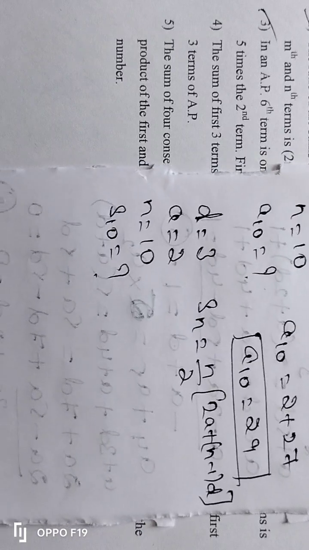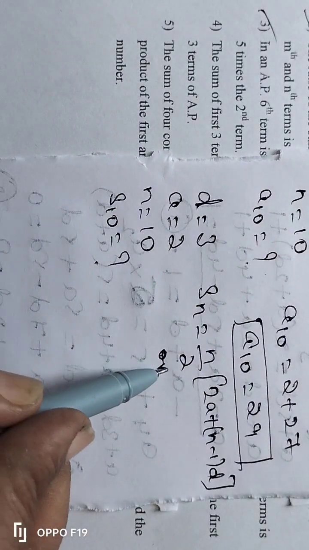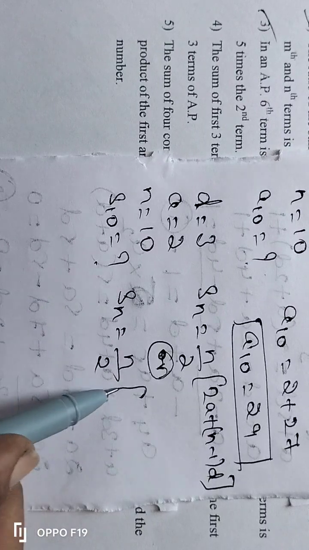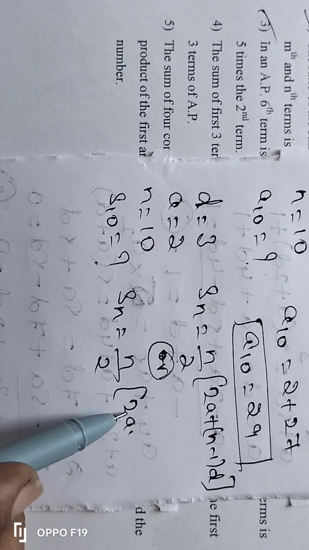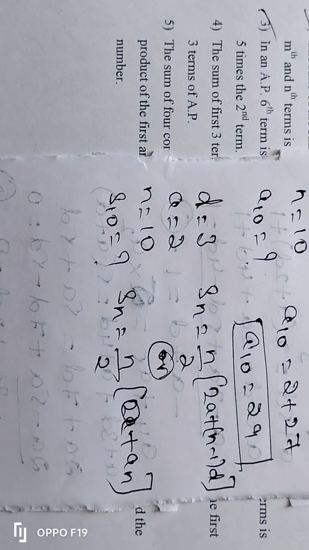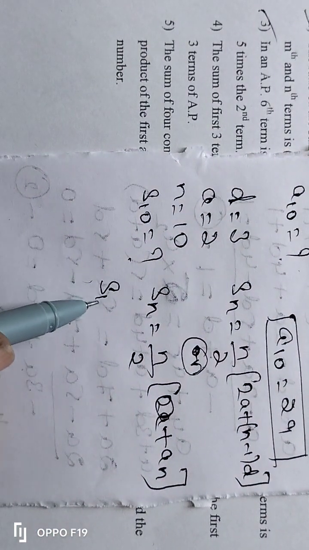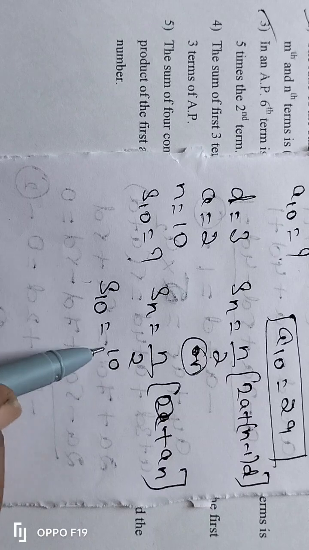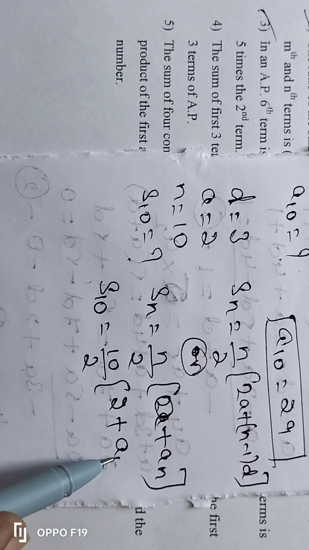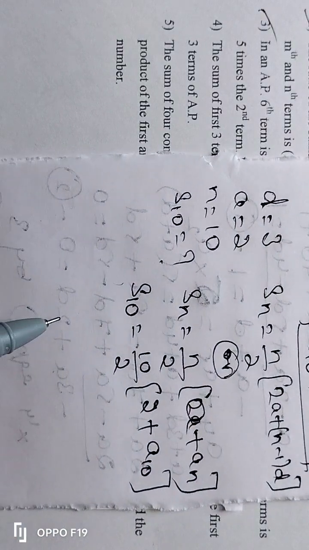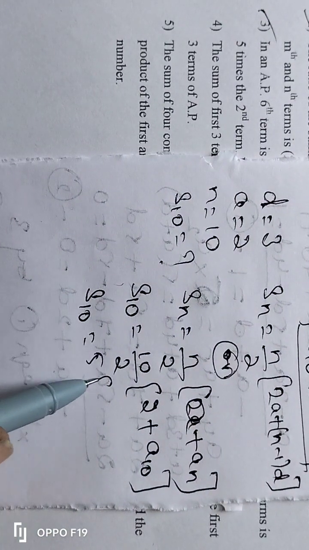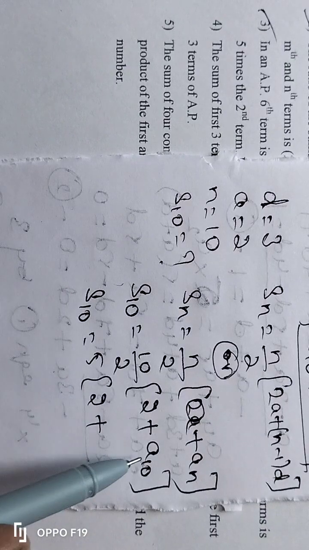Or we can use this formula also: Sn is equal to n by 2 into a plus an. Here n is 10, so S10 is equal to 10 by 2 into 2 plus A10. 2 fives are 5 into 2 plus A10.